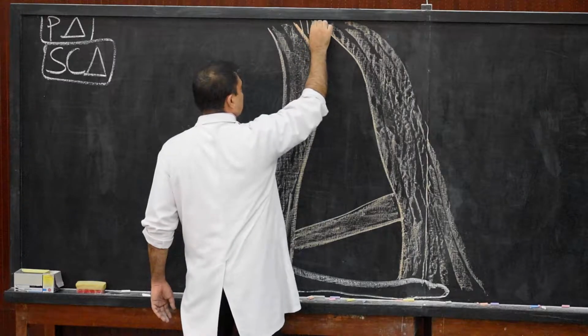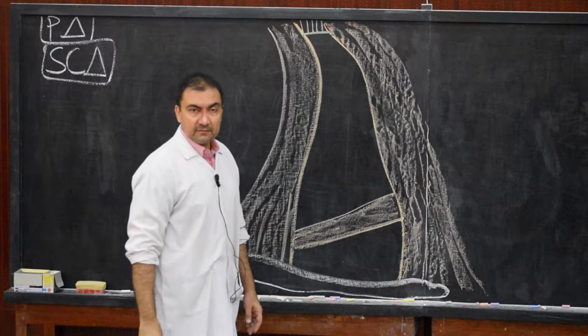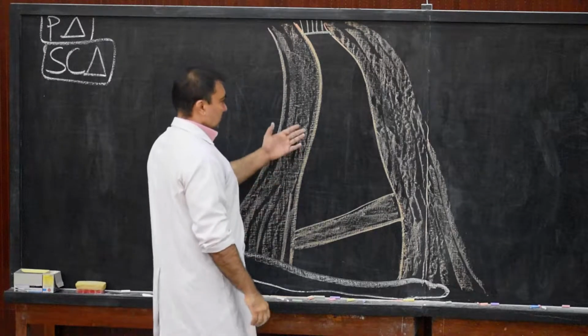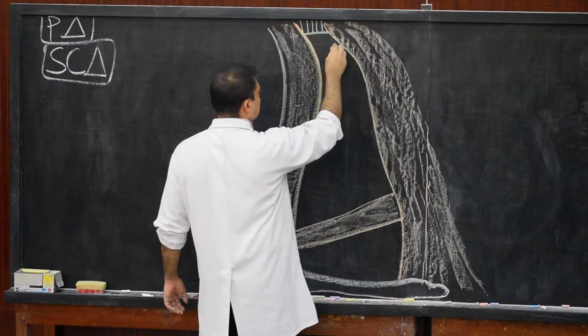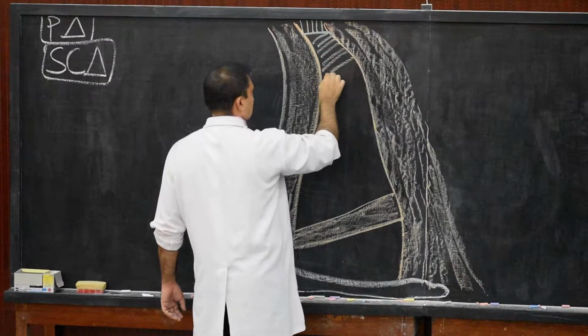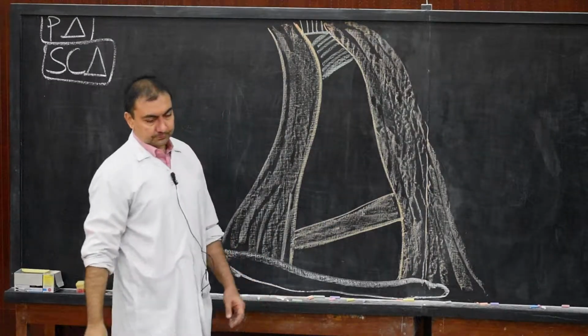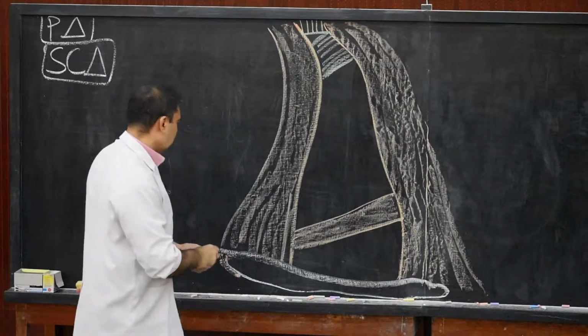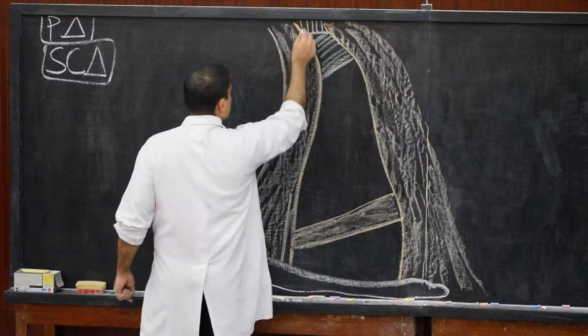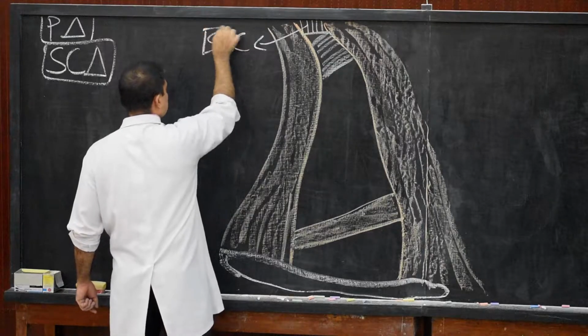So yesterday we had drawn this semispinalis capitis. We are drawing once again the floor of the occipital triangle from above to below, semispinalis capitis, and then we are drawing the second muscle, and this is the second muscle, splenius capitis. So therefore, here this is semispinalis capitis.